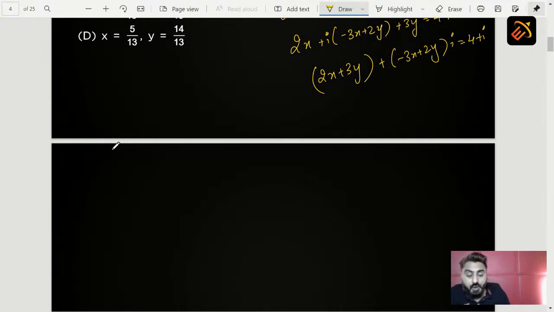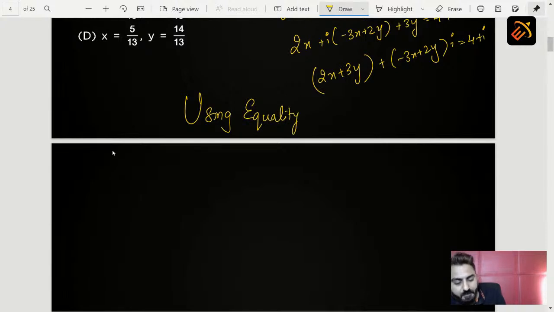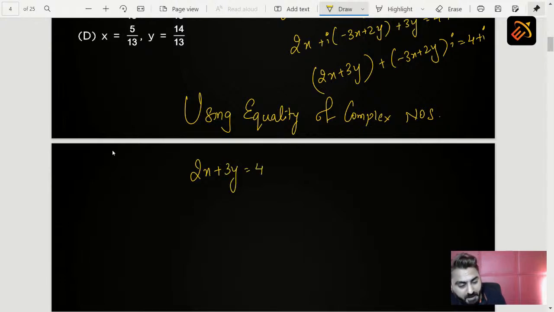That means using equality of complex numbers, हमें मिलता है 2x + 3y = 4 and −3x + 2y = 1. Solve this simultaneously and get your answers. So students, write in your comment section simultaneous equation से अगर solve करते हैं तो हमें क्या मिलेगा?